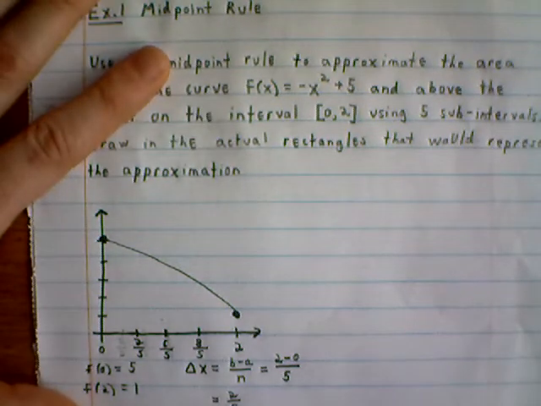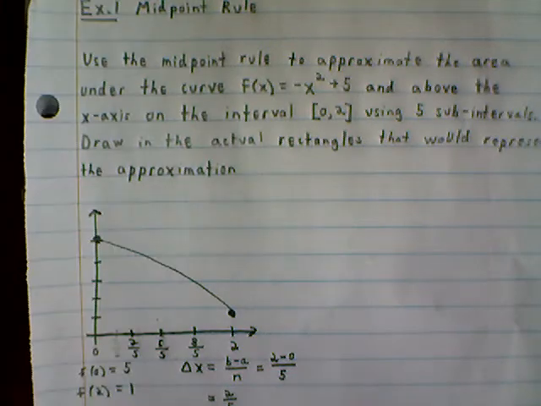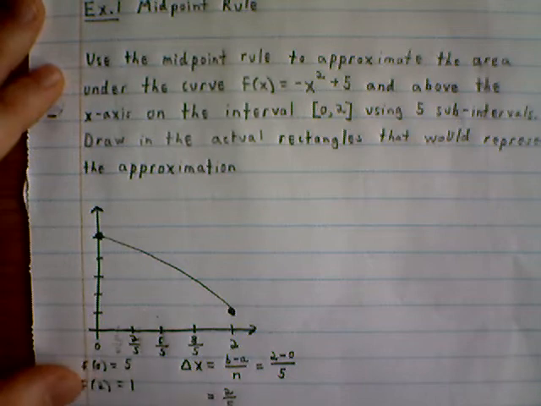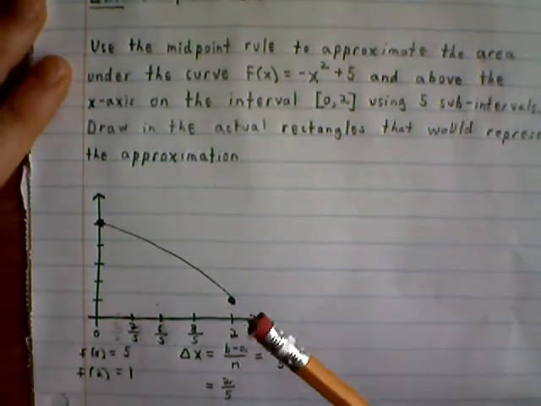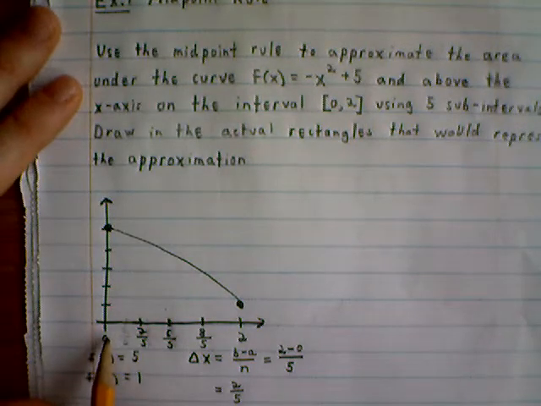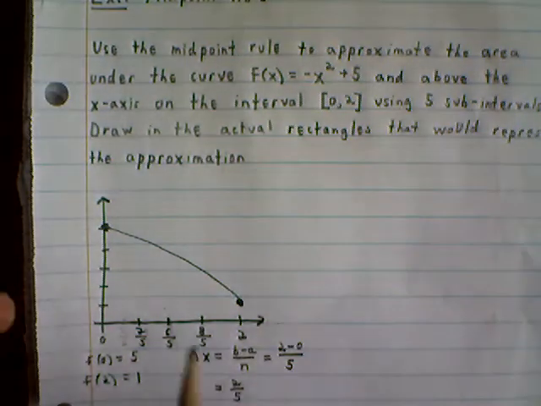Now, from here, I need to find the midpoint of each subinterval. You can find a midpoint on a subinterval by adding the two values and dividing by 2. It's just taking the average of the two values.